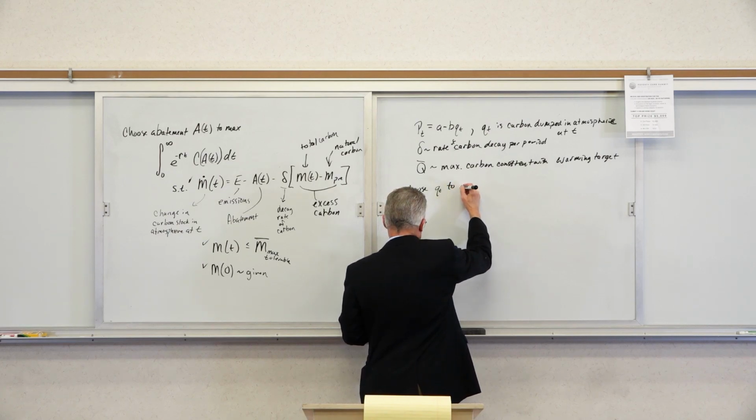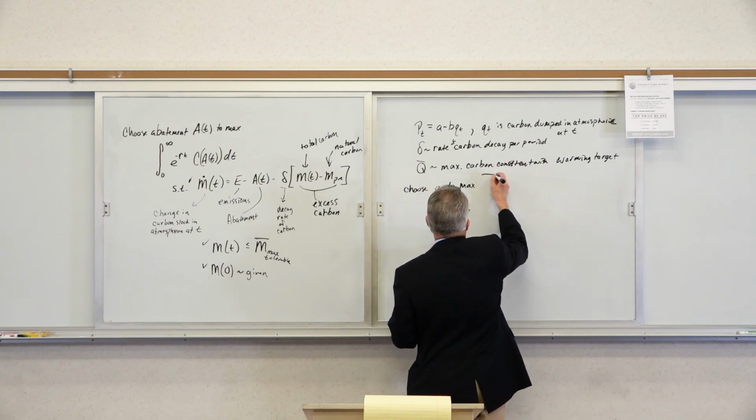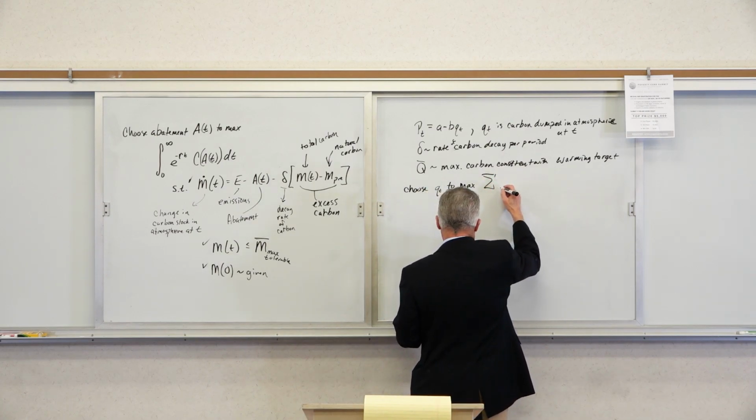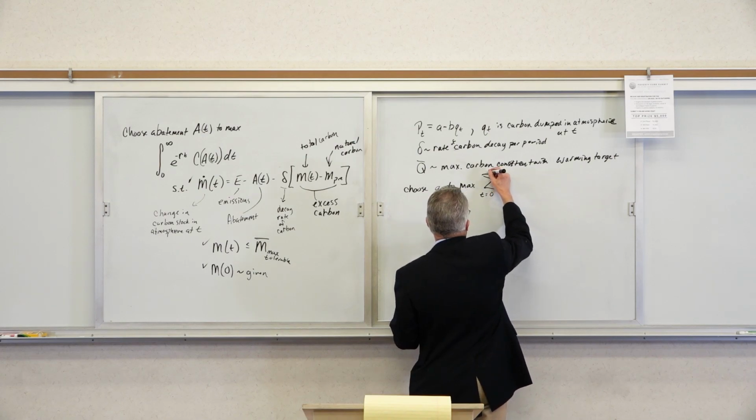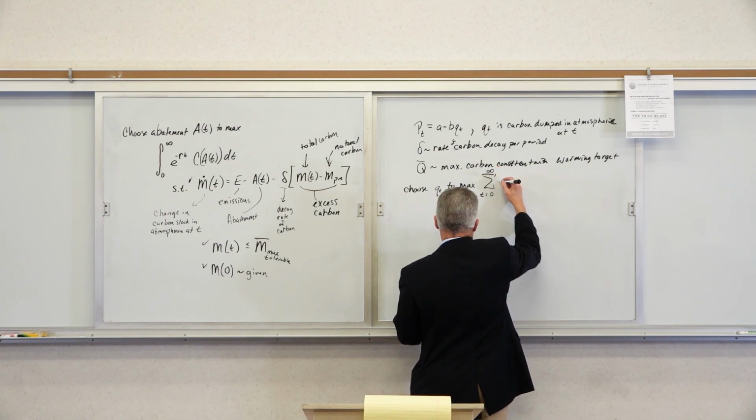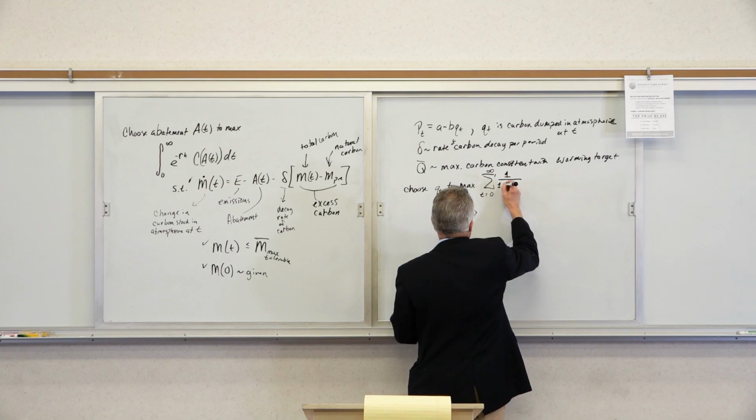But I'm going to choose Q_t to maximize the sum from time t today to infinity, go forever, and it's going to be 1 over 1 plus r plus delta as the discount factor.